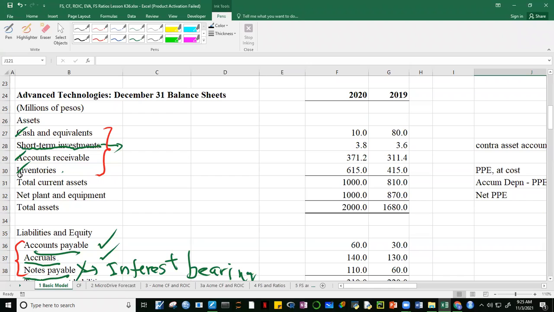Had there been prepayments, assuming there were prepayments here, then that would have formed part of operating current assets also. As regards the current assets list, only the short-term investments or marketable securities is not part of your operating current assets. So when we computed for the operating current assets, we only included the cash and cash equivalents, accounts receivable, and inventories.